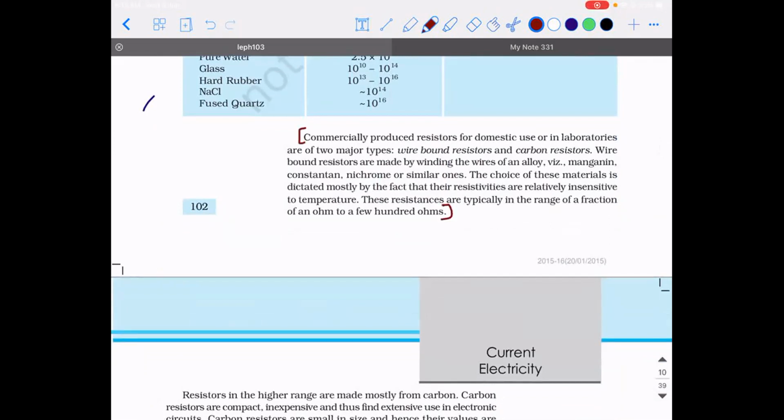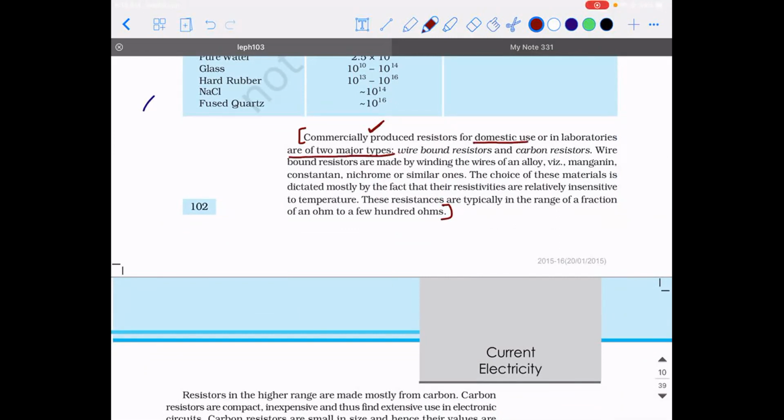Till now we were discussing that there is a concept called resistance existing for a conductor, right? So generally you can manufacture resistances for two purposes. One is for commercial purpose and one is for case studies or some experimental purpose. So generally, if you commercially produce resistors for domestic use or in laboratories, there are two major types.